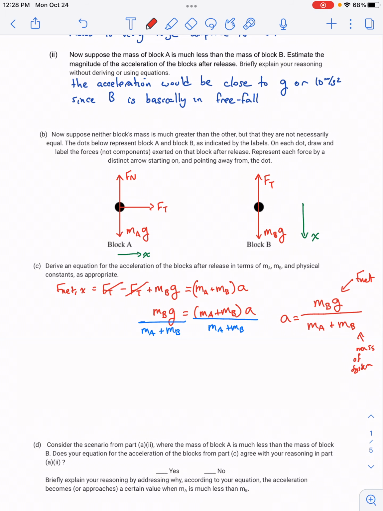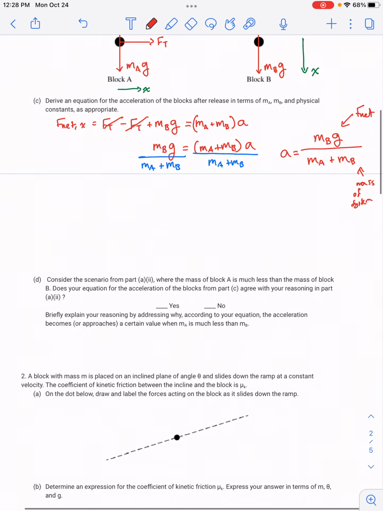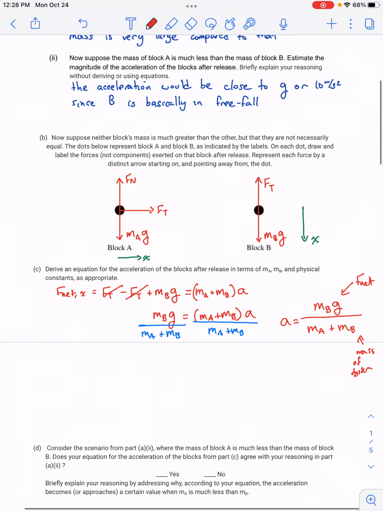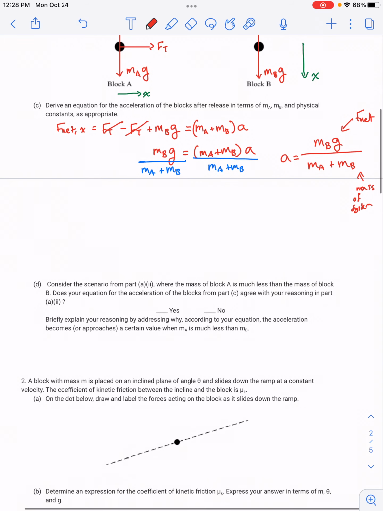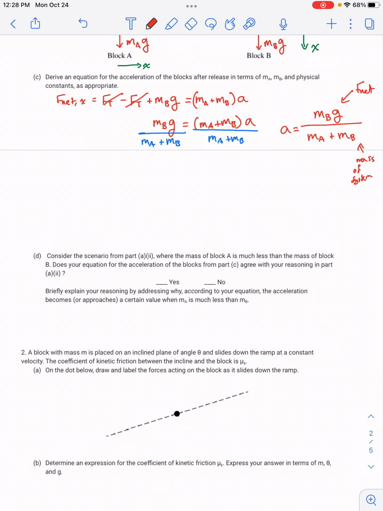All right. Moving on to D, consider the scenario from part A2, which is the one where block A is much less than block B. Does the equation we just solved for agree with the reasoning? Well, yes it does, because we said that the acceleration would be close to g.